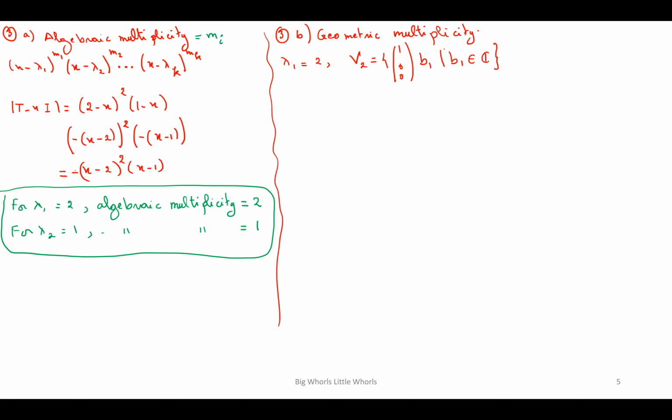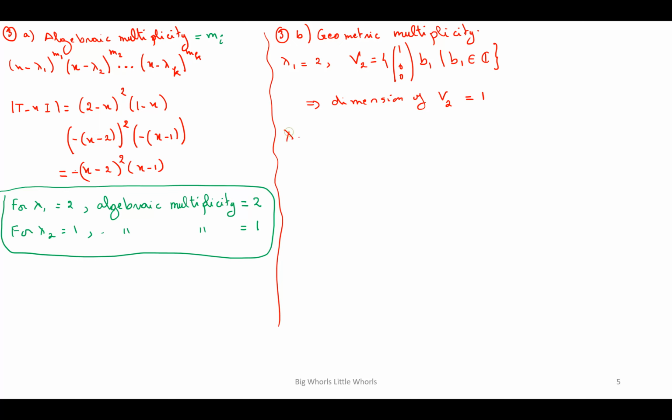So the dimension of V2 is equal to 1. So that's the geometric multiplicity associated with lambda 1.